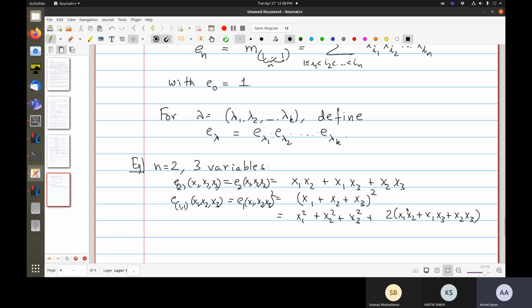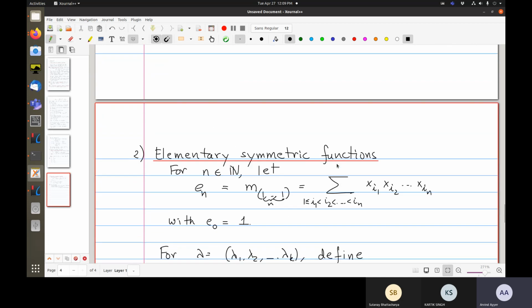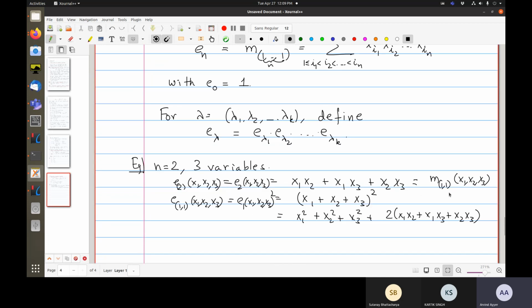And now you can see, if I write each of these in terms of the monomial symmetric functions, this one is exactly M11 of x1, x2, x3. It's just with analogy here. So that's that.